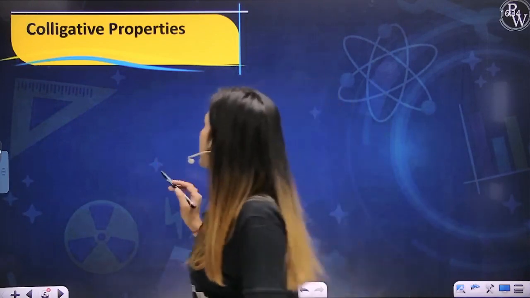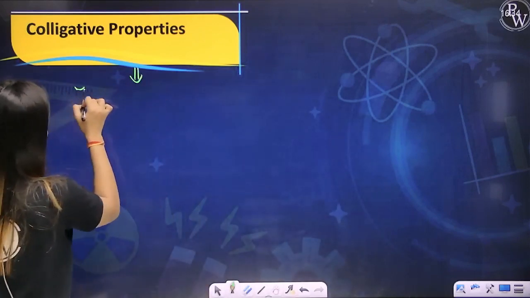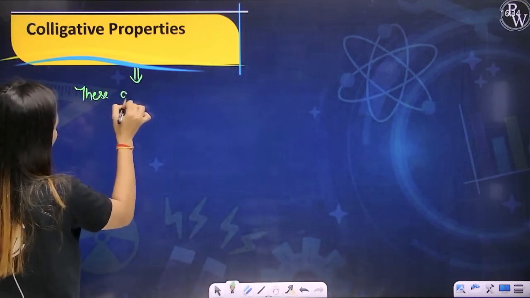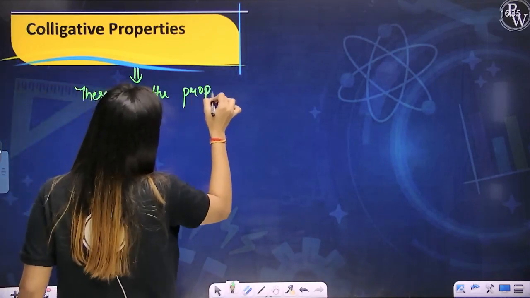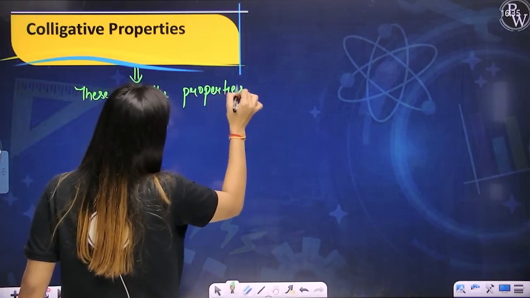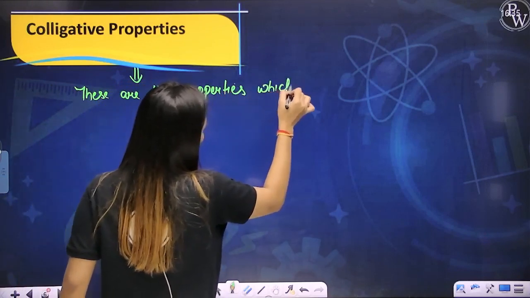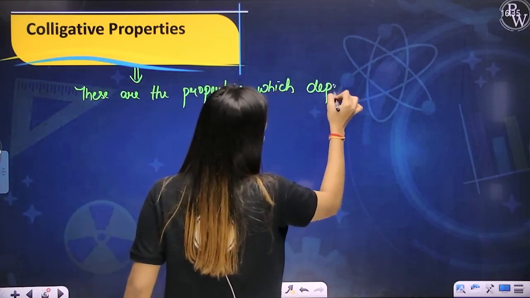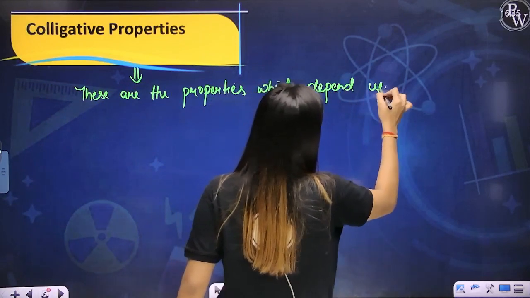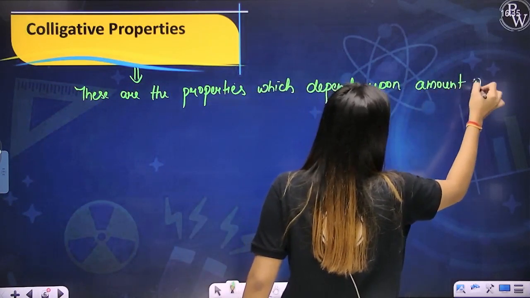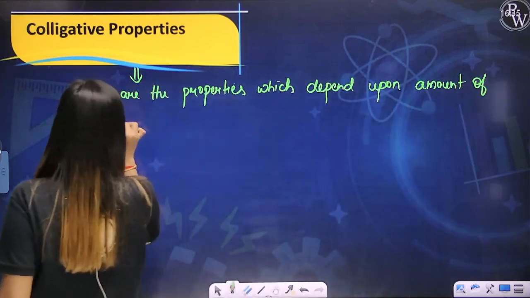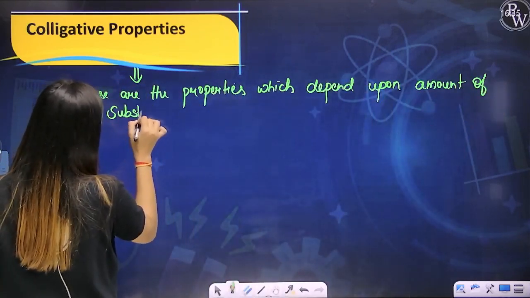Okay, so what are colligative properties? These are the properties which depend upon the amount of substance.